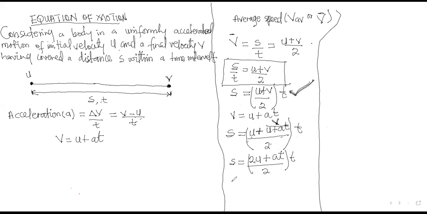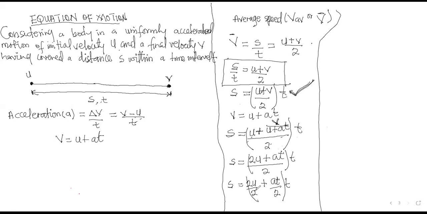So S is equal to, I pick 2U and divide by 2, and pick AT and divide by 2, all times t.